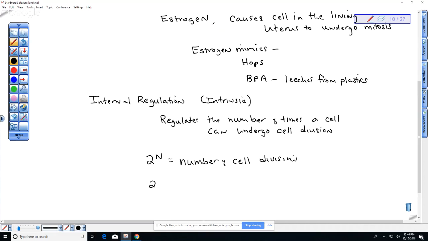Right? So if you have 2 cells undergoing 2 divisions, that would give you 4. But if you do this to 2 to the 50th, that's over 1 trillion cells.